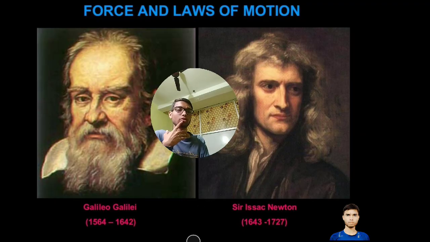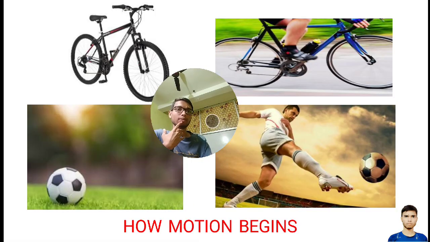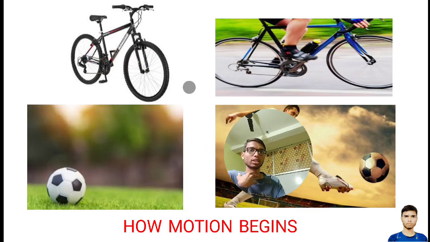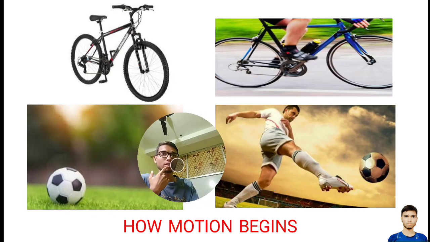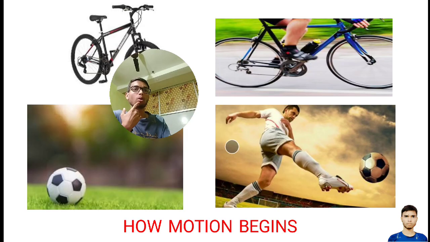I am moving forward. Here we have four figures. One is a cycle, second is someone riding, third is a ball which is at rest. The ball is not moving. Here is a person who is hitting the ball.